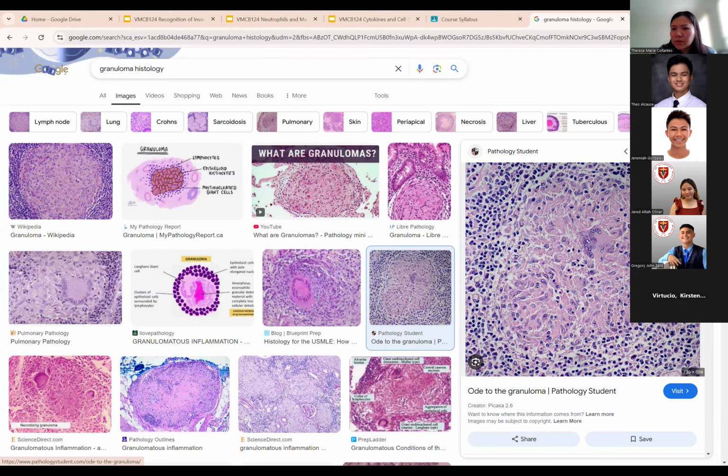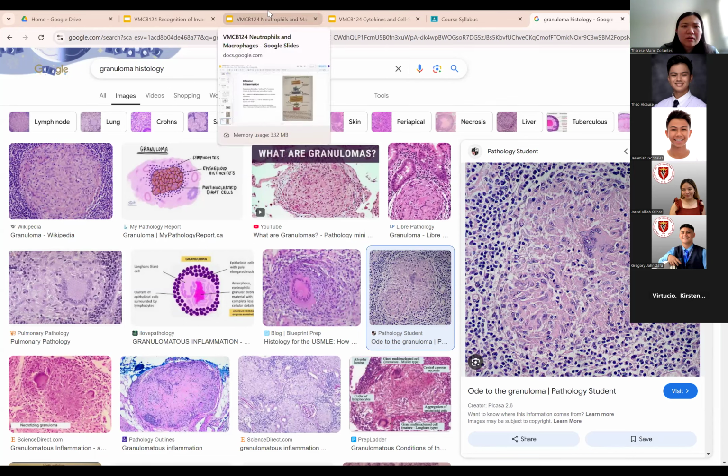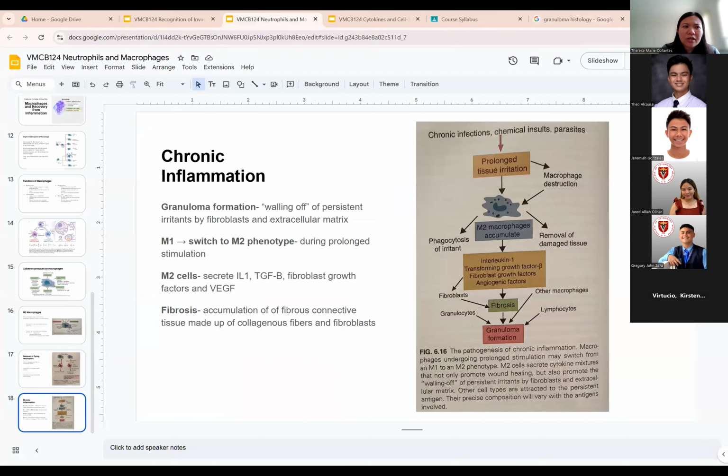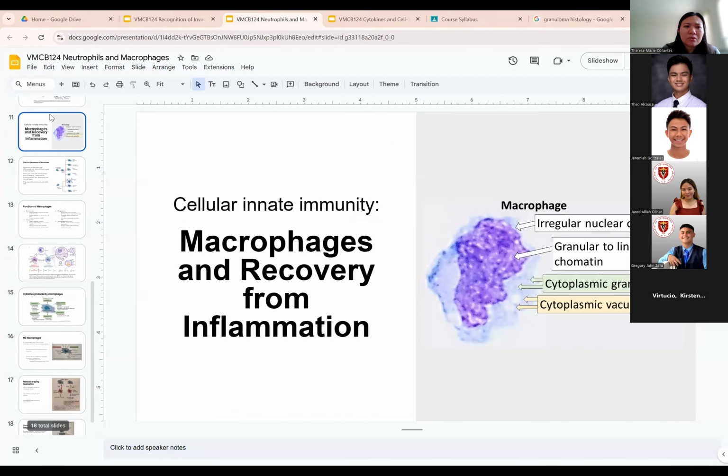They will all try to surround this lesion, and it will also stimulate the fibroblast to form connective tissue. Okay, so that's the macrophage and its role in recovery from inflammation.